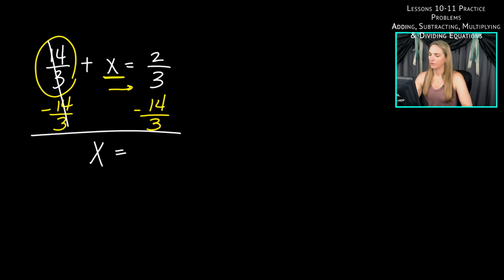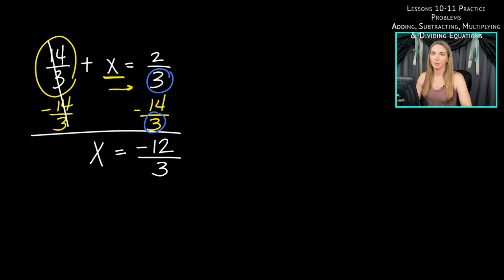So let's go ahead and solve this, and since I have common denominators here, 3 and 3, I don't have to actually change anything as far as finding a common denominator. I can just subtract my numerators. So 2 minus 14 is a negative 12, and then I'm going to keep my denominator.